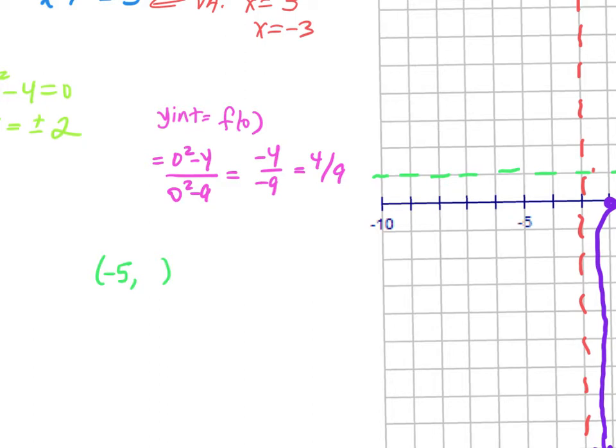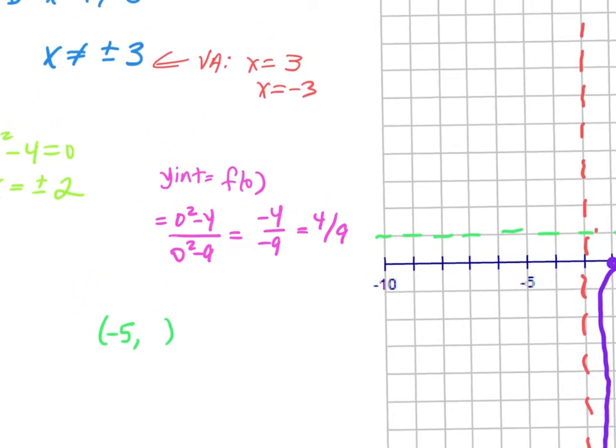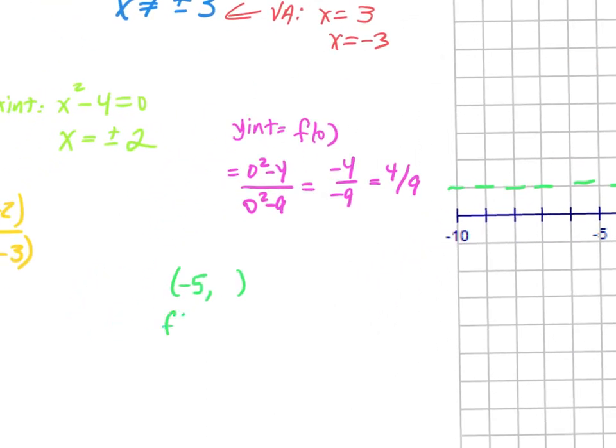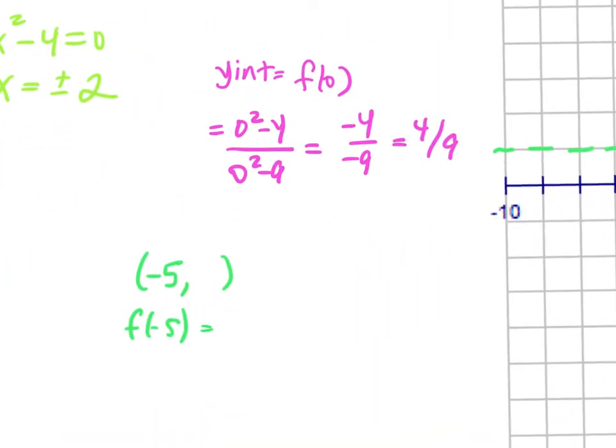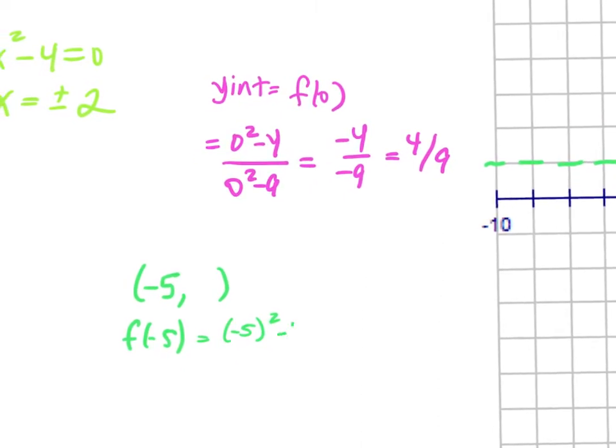So when I plug in -5, f of -5. What's my function again? Okay, so -5 squared minus 4 over -5 squared minus 9. So 25 minus 4 over 25 minus 9. What's 25 minus 4, please? 21.